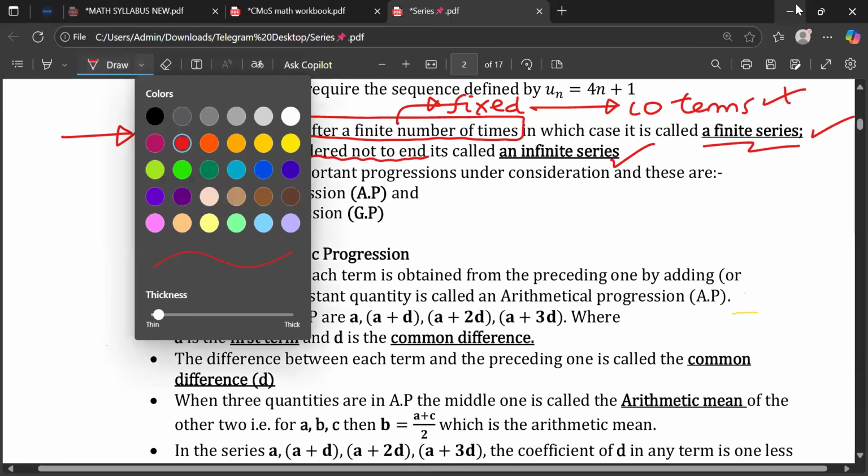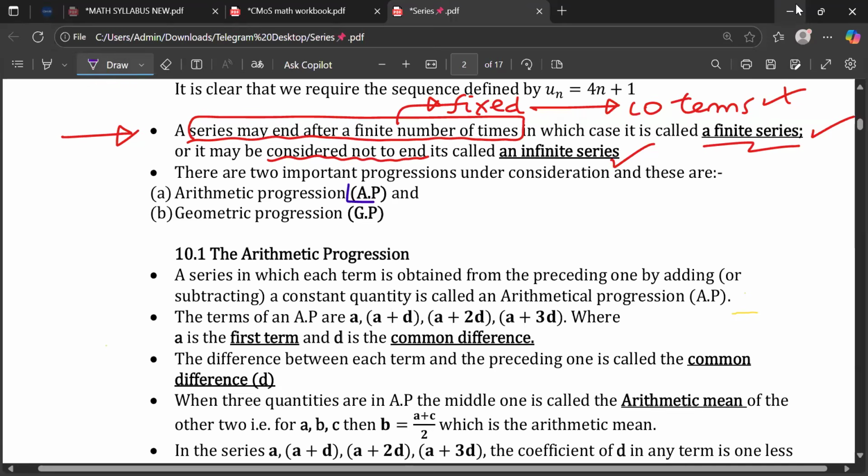Then they are saying that the types are basically two, that is the A.P and G.P. You get? And this is how things are taught in most books. They just tell you the types are those ones. But me, I really always wanted to know what takes us to these types.